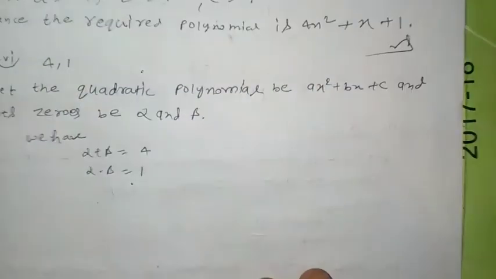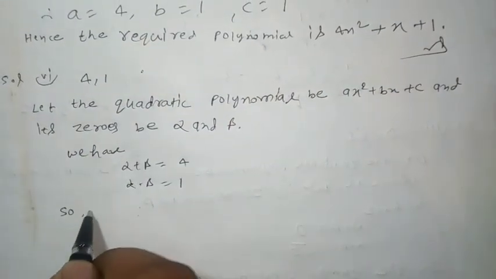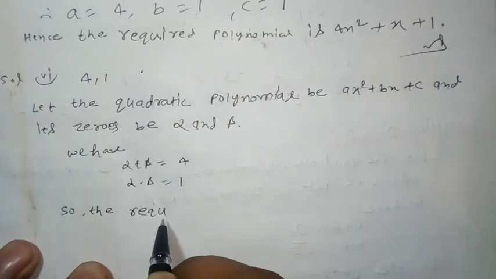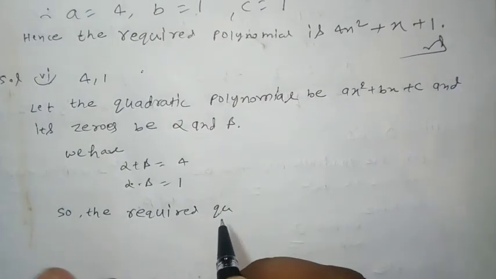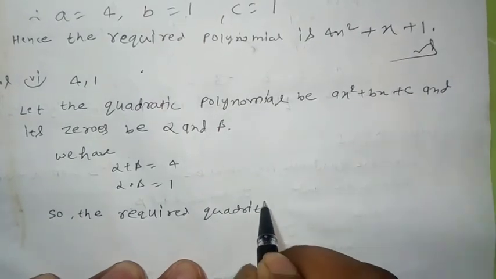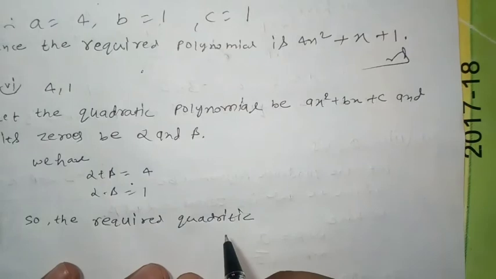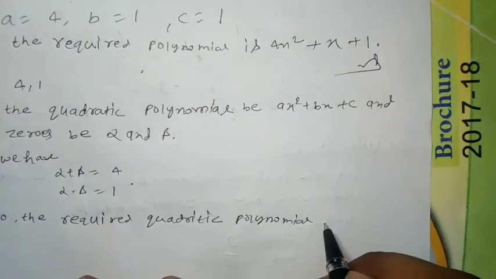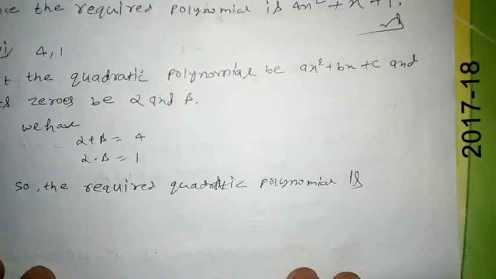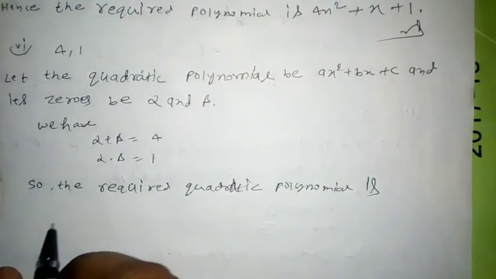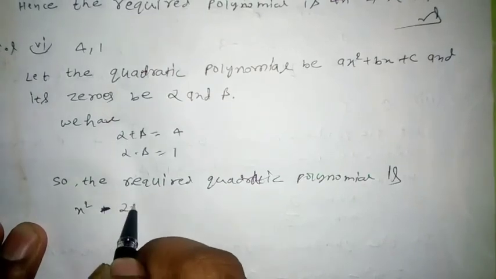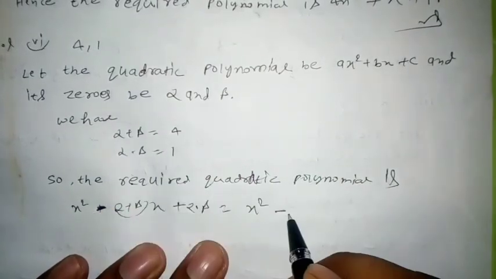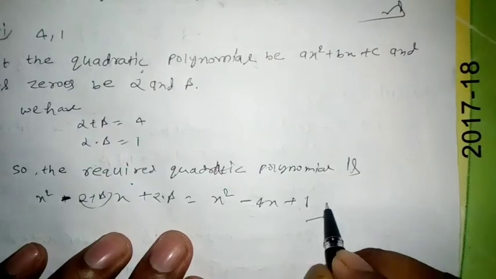Now here I am applying the formula. Okay, so the required quadratic polynomial is x square minus (alpha plus beta) into x plus alpha into beta, which is x square minus 4x plus 1. Answer.